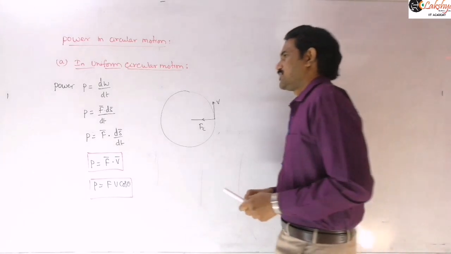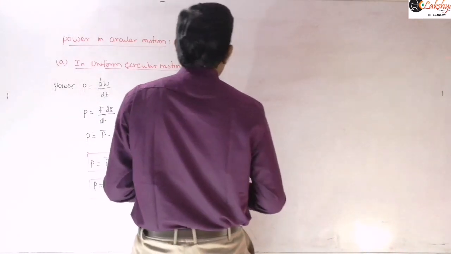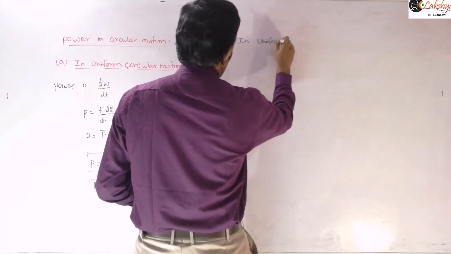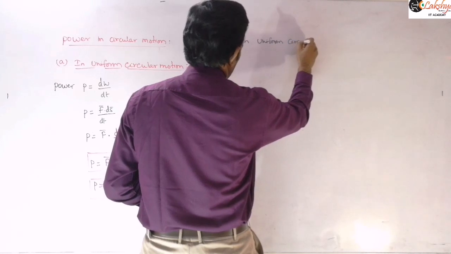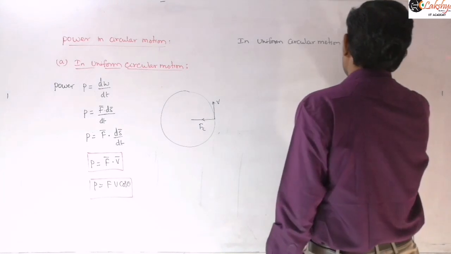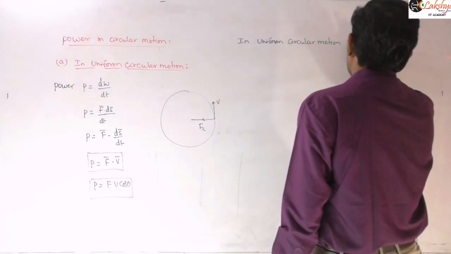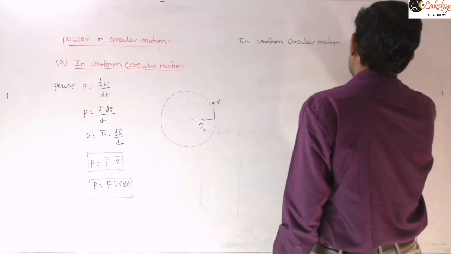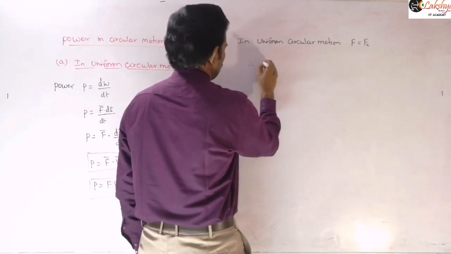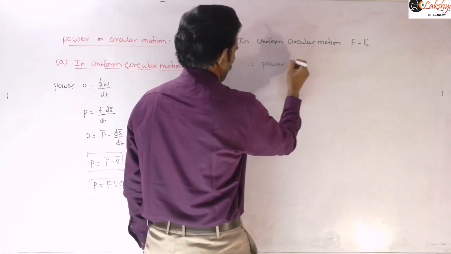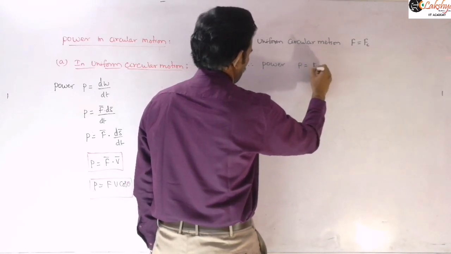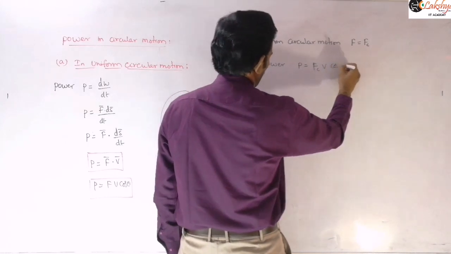So in uniform circular motion, F is equal to Fc, and therefore power delivered is equal to Fc into V into cos 90.